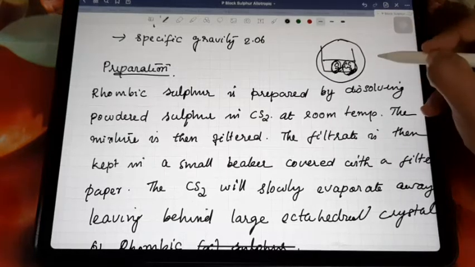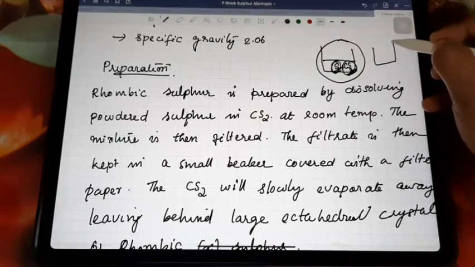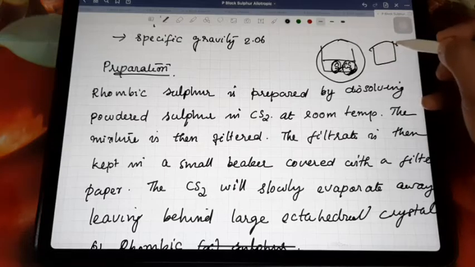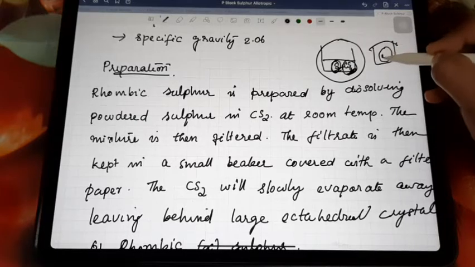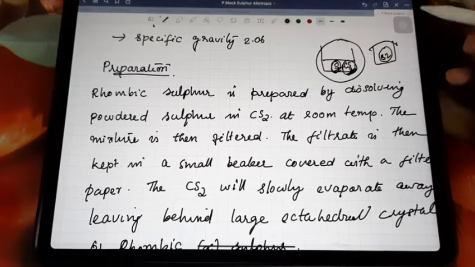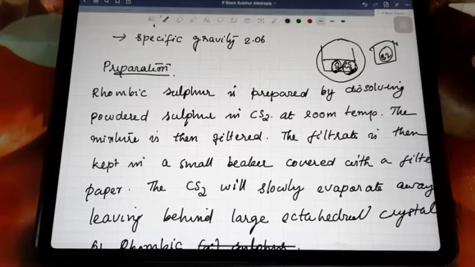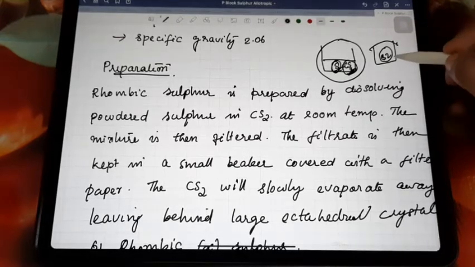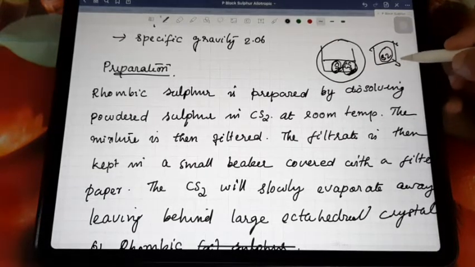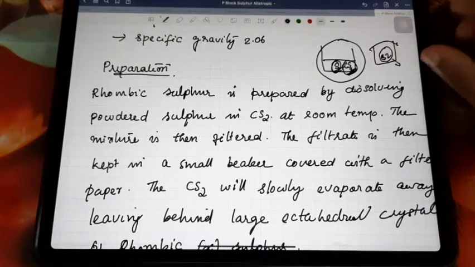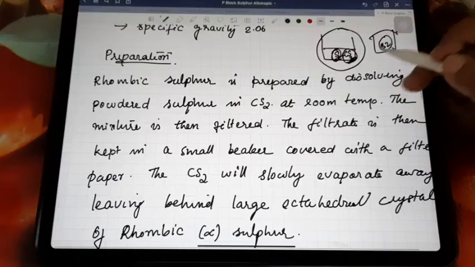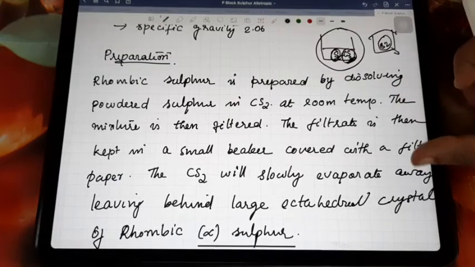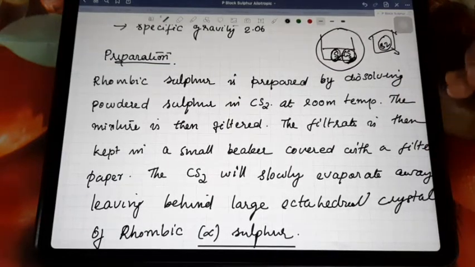Collect the filtrate in another beaker and cover it with filter paper. After some time you can see that the carbon disulfide in the filtrate slowly evaporates, leaving behind rhombic sulfur. You can see octahedral crystals of rhombic sulfur in this beaker after the CS2 has evaporated.